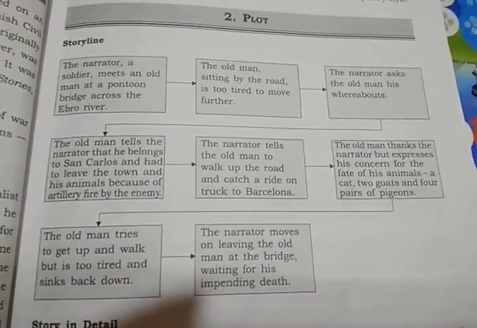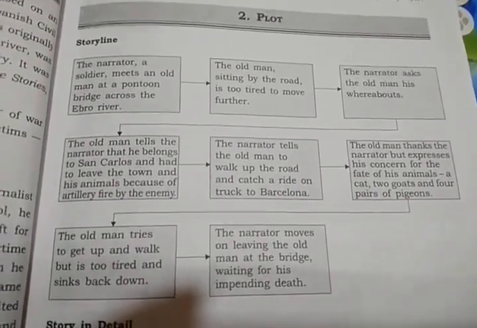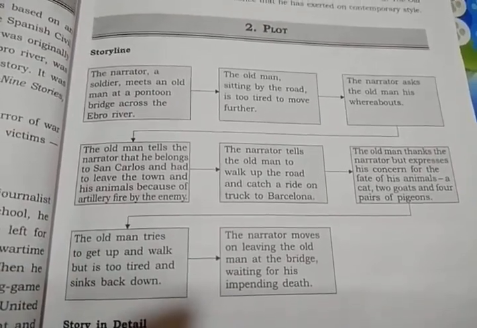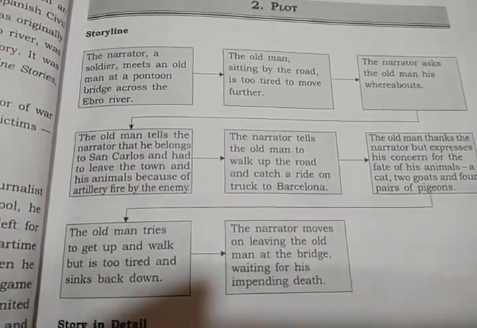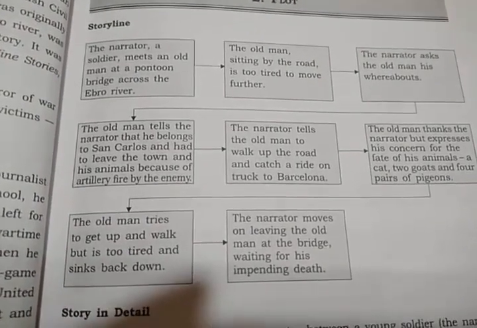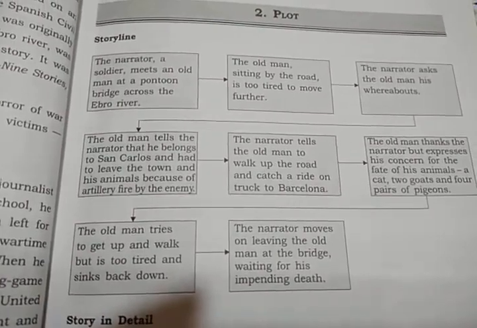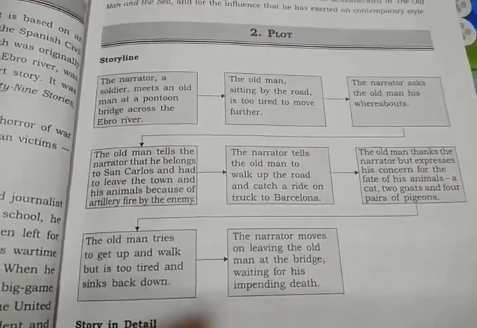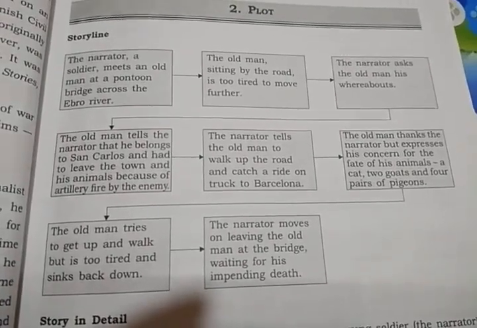The narrator asks the old man his whereabouts, so where he comes from, what he was doing, and all other details. The old man tells the narrator that he belongs to San Carlos and had to leave the town and his animals because of the artillery fire by the enemy.